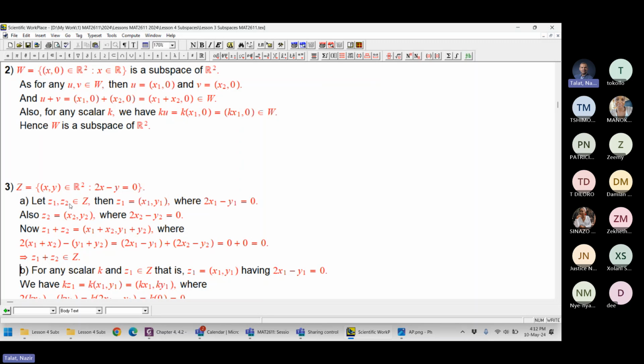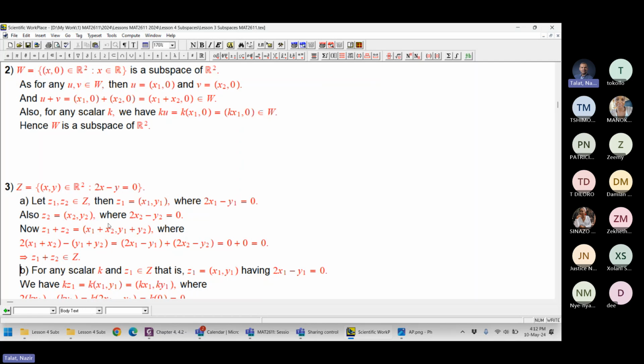Let us take z1 and z2 belonging to Z. Then z1 will be equal to (x1, y1) satisfying 2 times x1 minus y1 is equal to 0, and z2 will be of the form (x2, y2), where 2x2 minus y2 is equal to 0, because Z is the collection of all elements of this form.